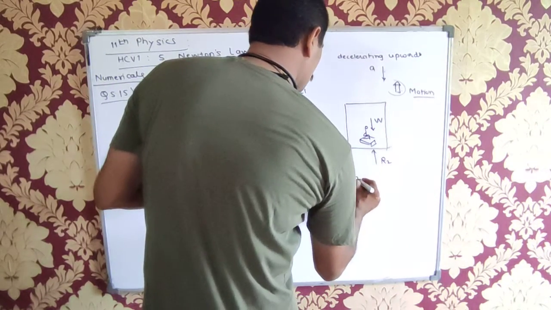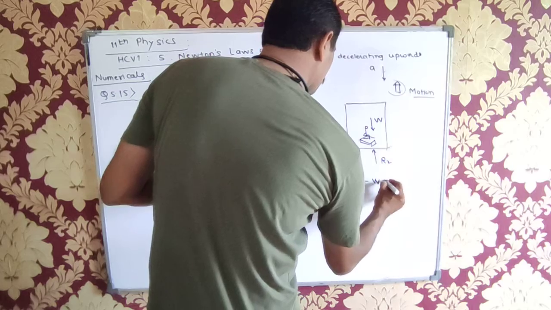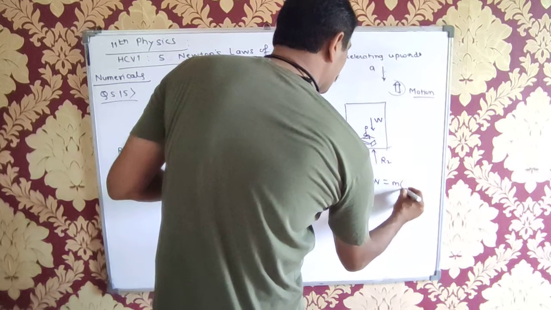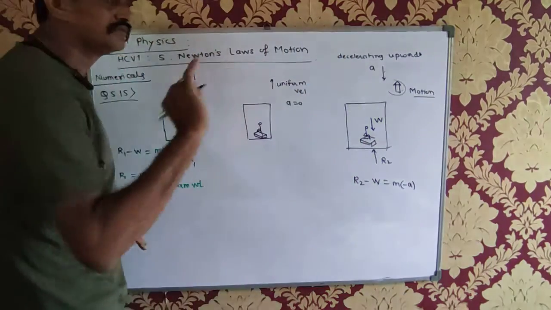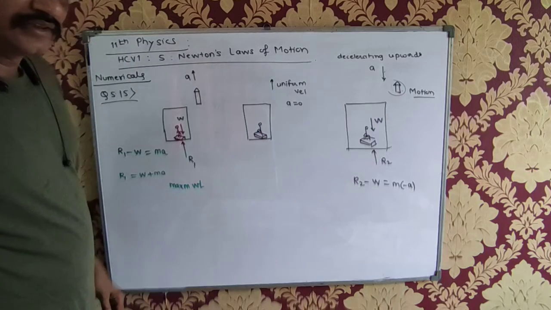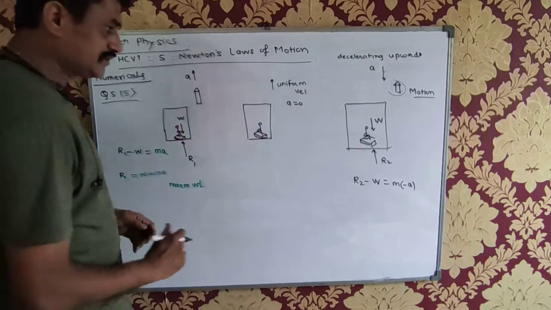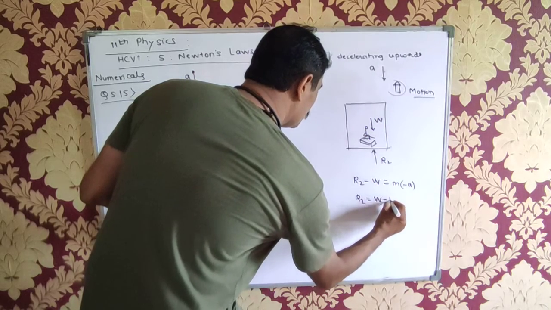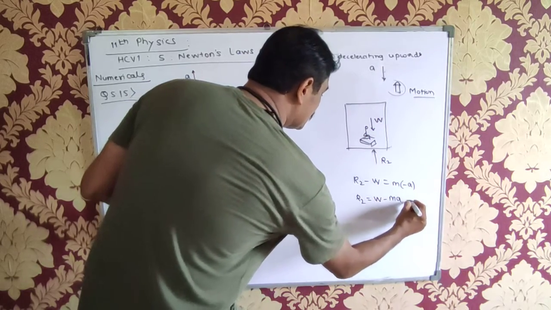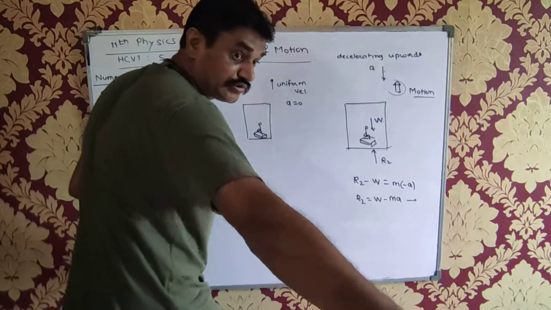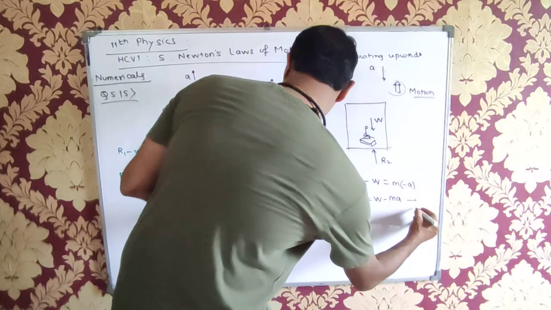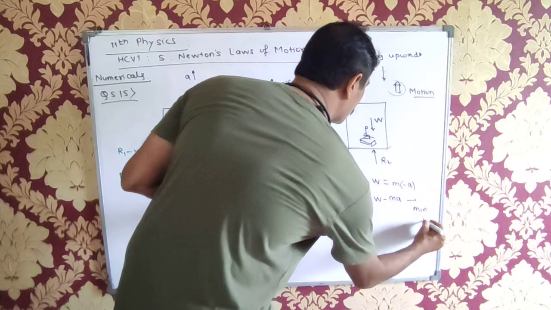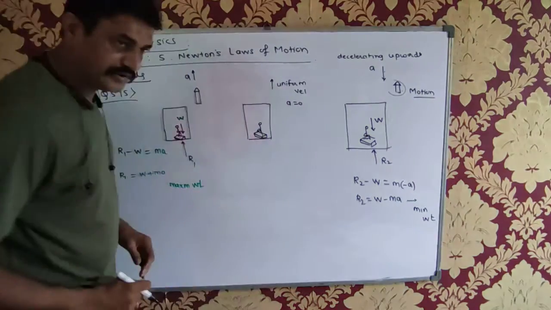So I'll say R2 minus W is equal to m into minus a, deceleration. So R2 is equal to W minus ma. This is going to be the minimum weight, isn't it?